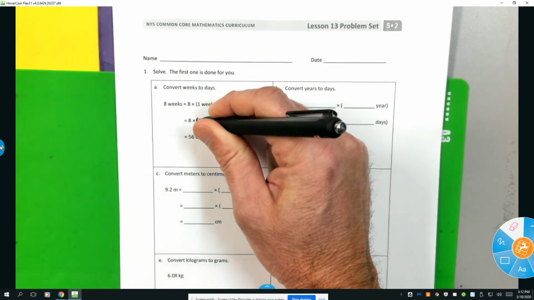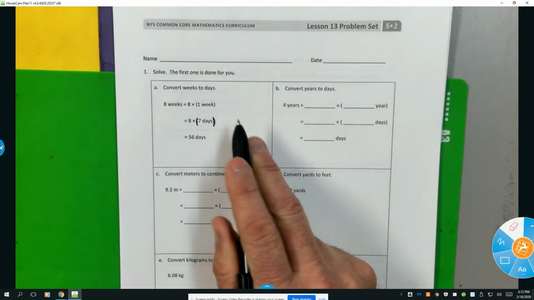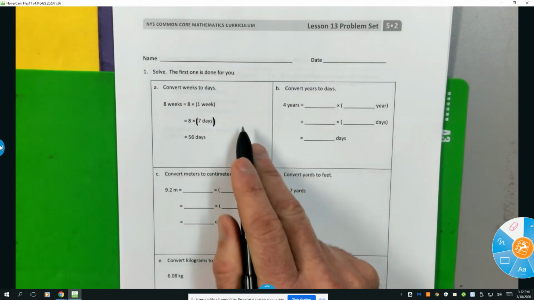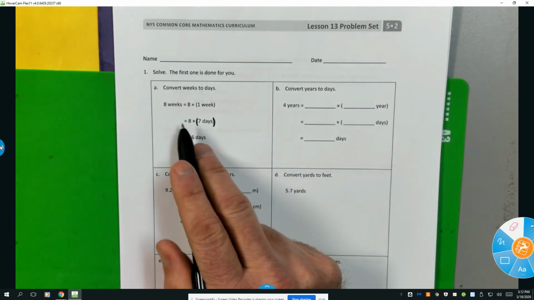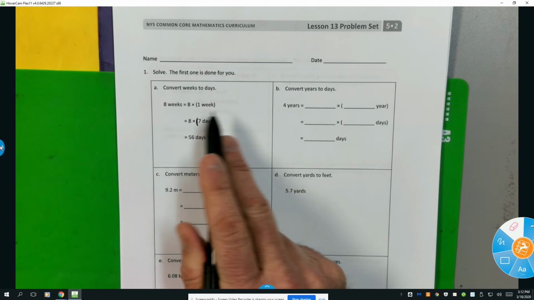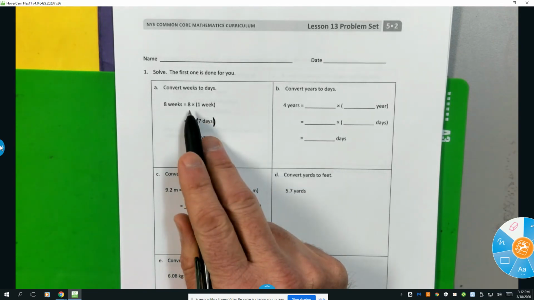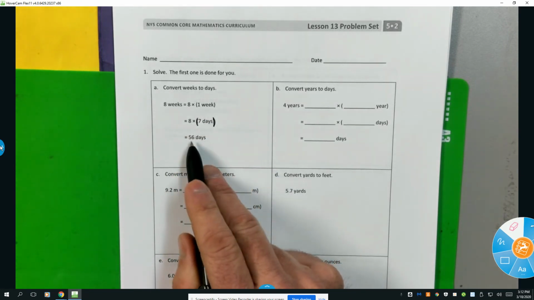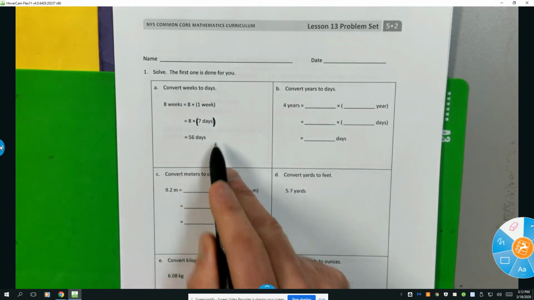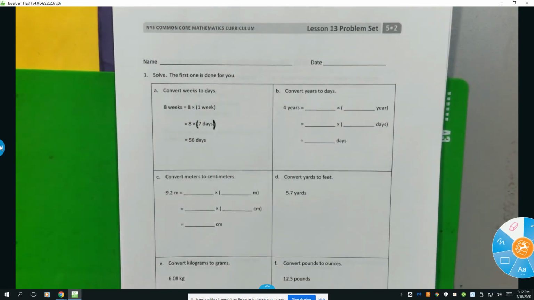So when we do our group practice where we are converting things, you'll say 1 week, 7 days, 1 year, 365 days. This is how you figure it out if it's more than just 1 unit to what it converts to. So 8 times 1 week is the same as 8 times 7 days, and then our total will be 56 days because 8 times 7 was 56.